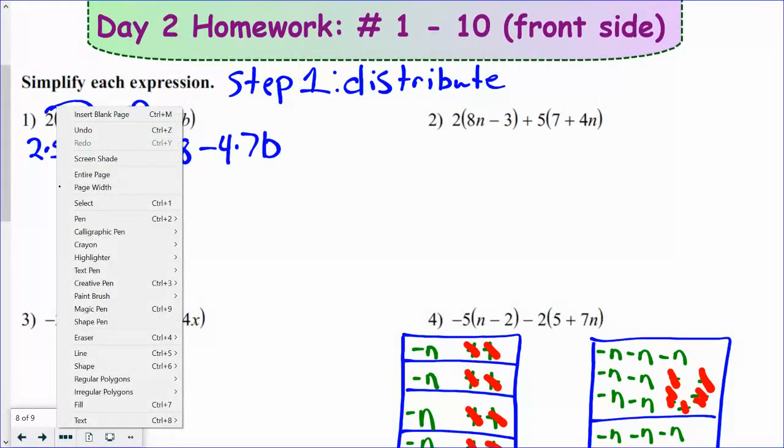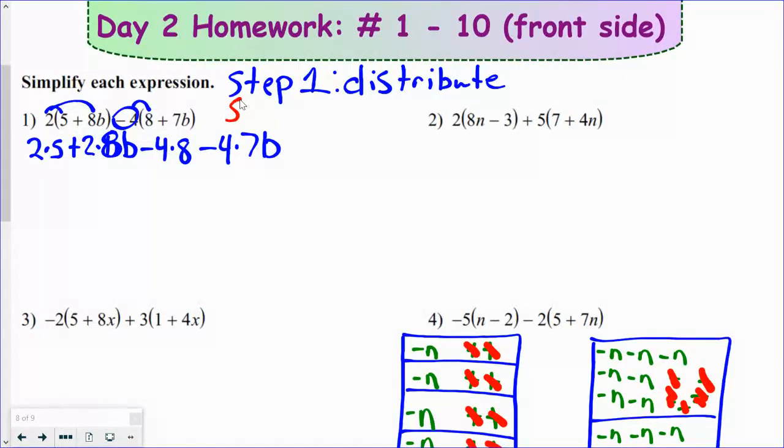That's our first step. Okay, our second step, so step 2, is to combine our like terms and simplify. That means I'm looking for all of those that have the same terms.